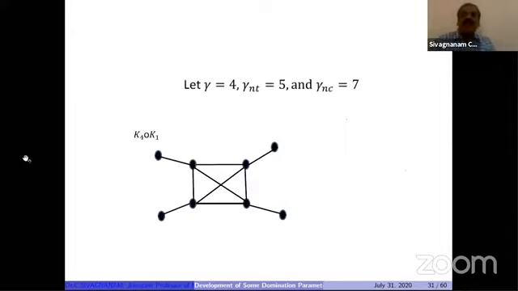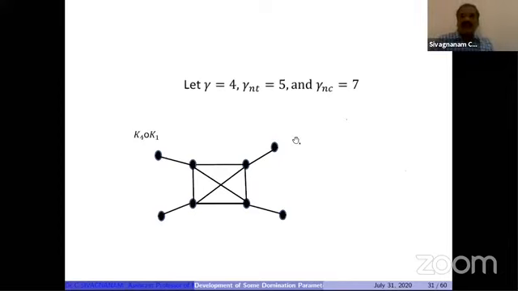Now we have to think about gamma nt. Gamma nt is 5. We have to find the difference between 5 and 4, which is 1. So only one end vertex we have to consider now. Corresponding to this one end vertex, we join two pendant vertices.